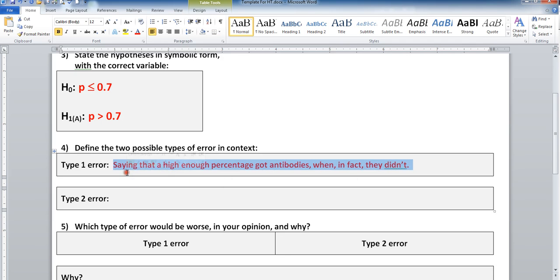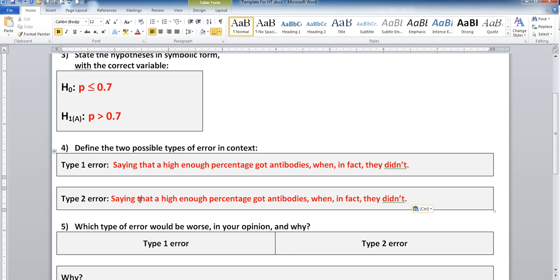The idea is you say your drug is working when in fact it isn't. The type 2 error would be a false negative, saying that a high enough percentage did not get antibodies when in fact they did. So that would mean you've got a drug that works, but your data missed it.